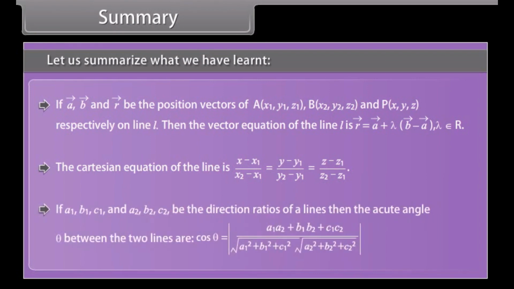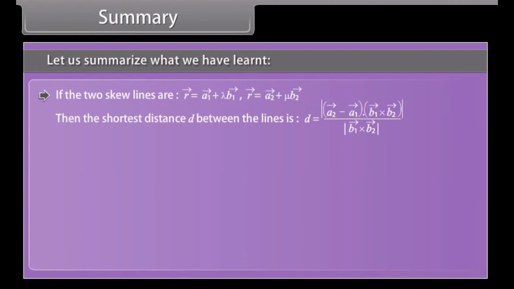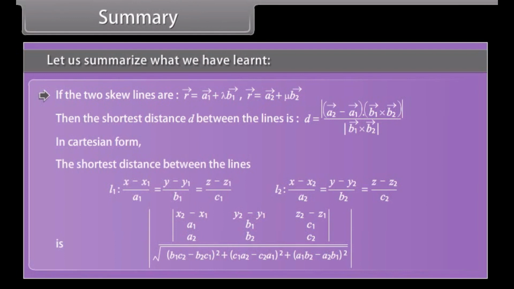If a1, b1, c1 and a2, b2, c2 be the direction ratios of a line, then the acute angle theta between the two lines is. If the two lines are skew, then the shortest distance d between the lines is, in Cartesian form, the shortest distance between the lines is.